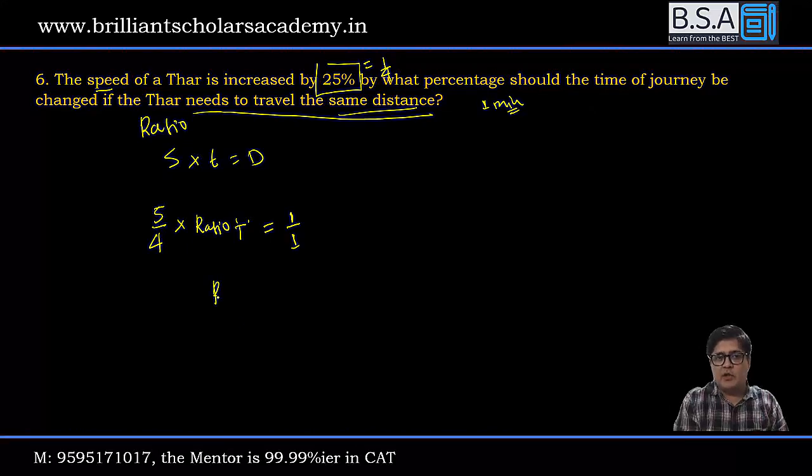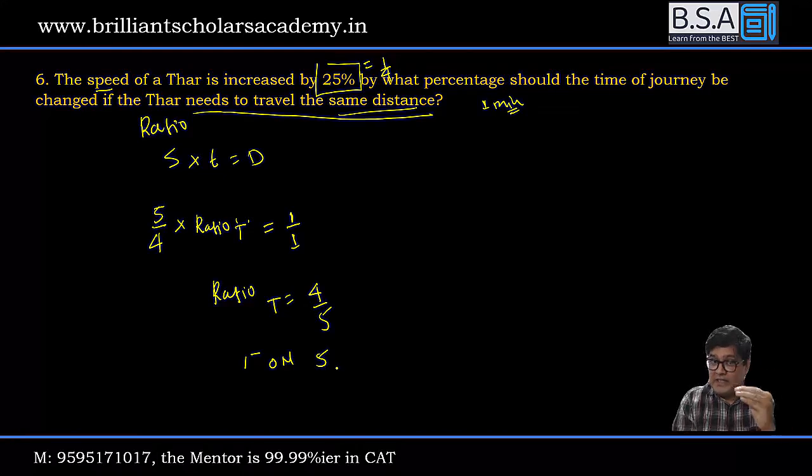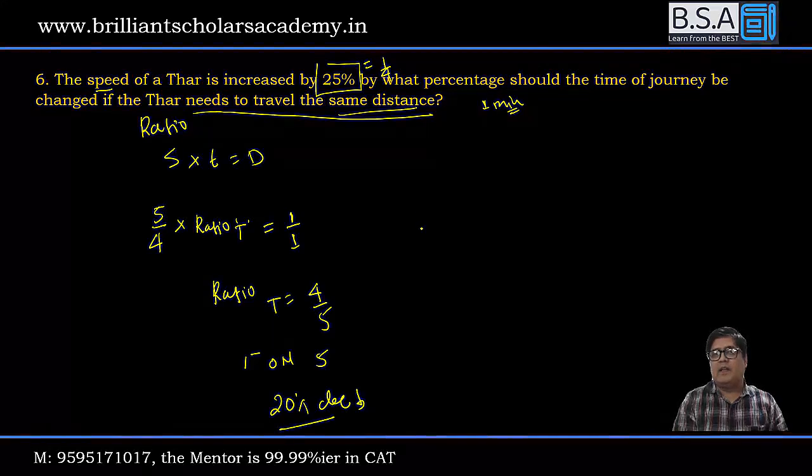So the ratio of time is 4 by 5. Do you see the numerator is lesser? So you are decreasing. For time, you are decreasing one value on 5. That is called 20% decrease. The ratio method. I'll explain this one more time. This is the best method.